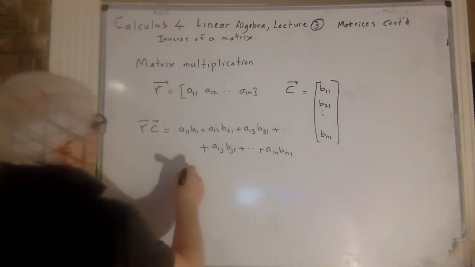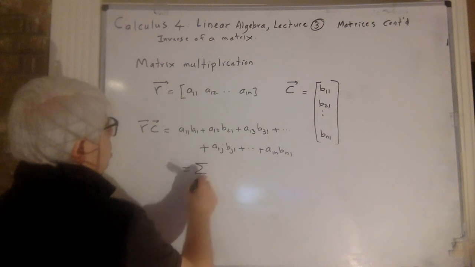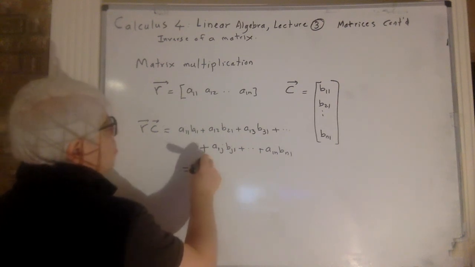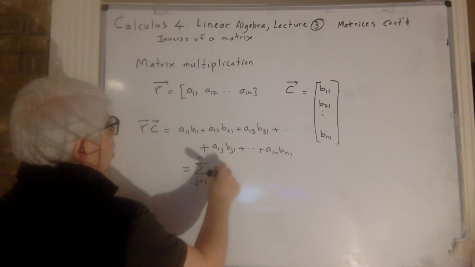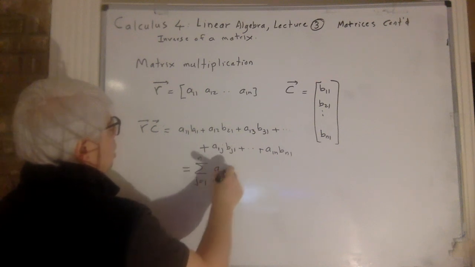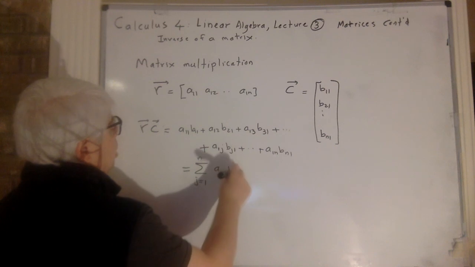Or you can write in sigma notation: the sum, j goes from 1 to n, of A1j, Bj1.